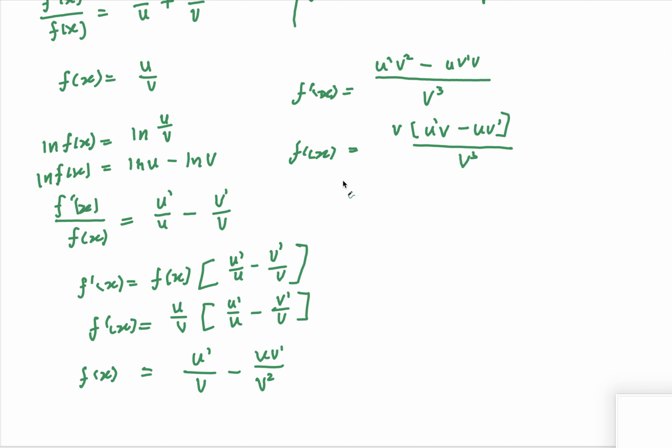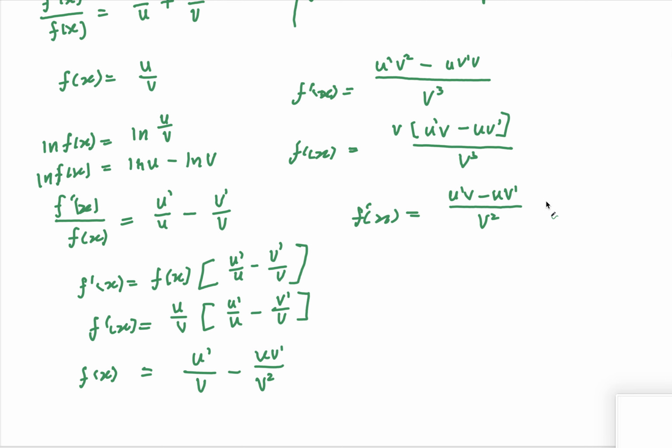So f prime of x will give you now a simplified version of this thing. So it's v minus that 3 there, so it gives you v squared. So you have u prime v minus u v prime divided by v squared.